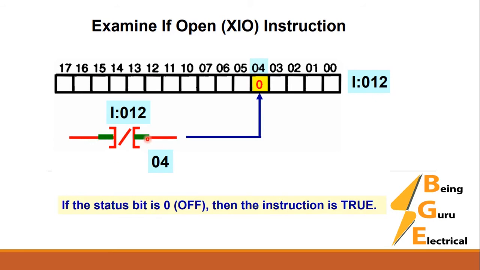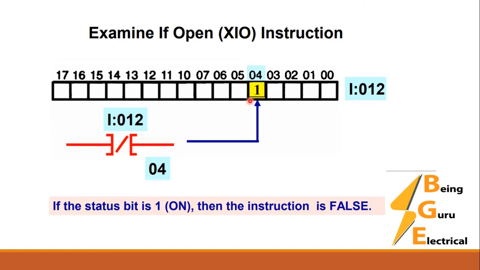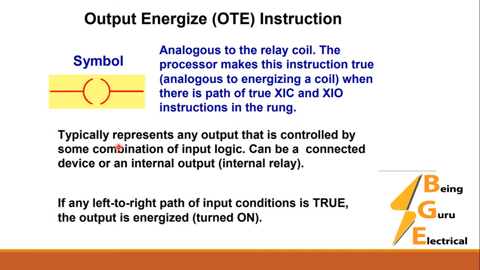The condition will be true, or the instruction will be true, and it will pass the signal. On the contrary, if this is 1, the condition will be false and it will be open, so the instruction will be false. Here with 1, we have a false condition.